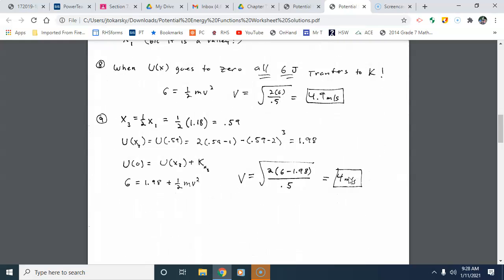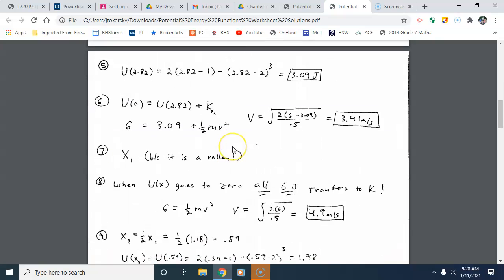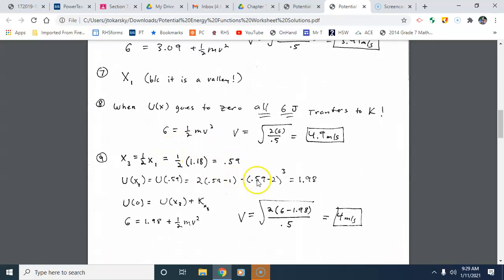All right, number 9. If x3, that position right here on the original graph, is exactly half of x1, how fast is a particle as it passes through position x3? All right, so x1 we had, so if we halve it, we know position x3 is 0.59. Then we evaluate the potential.